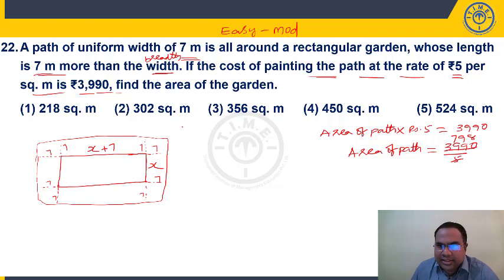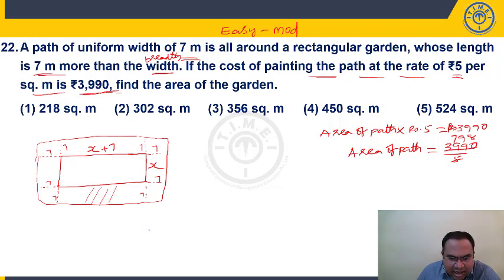So the cost of what is this? Painting the path, this path. So this region painting cost is 3990 at the rate of 5 per square meter, right? So this region cost is nothing but area of this path into 5 rupees is 3990 rupees, right, students? If I divide, I am getting area of this path as 798. How will you get area of this path? Area of outer rectangle minus area of inner rectangle.